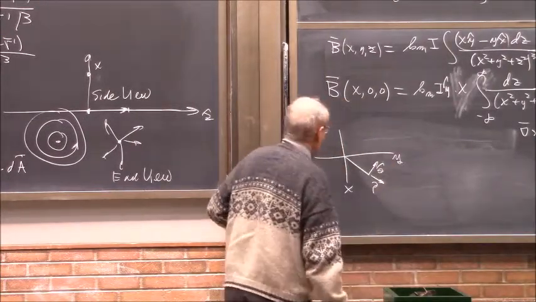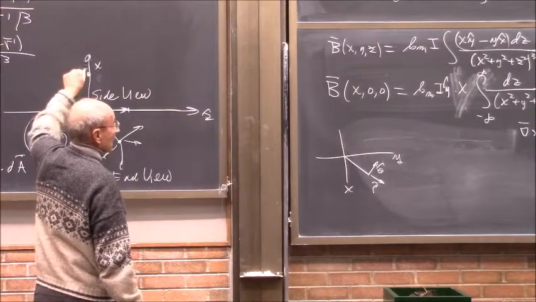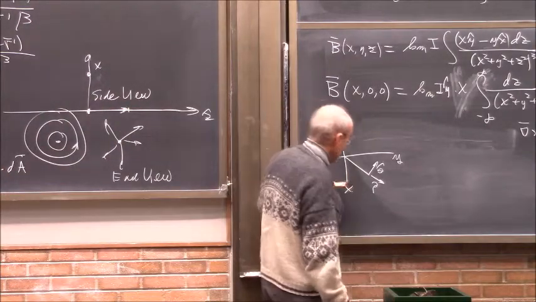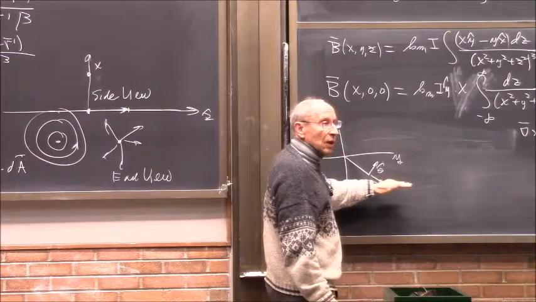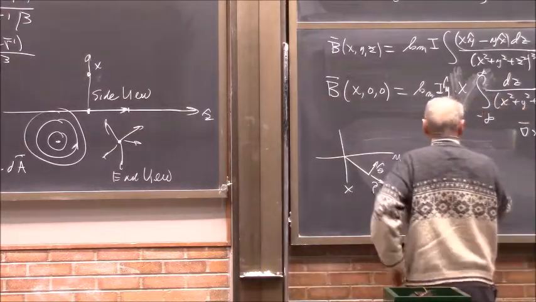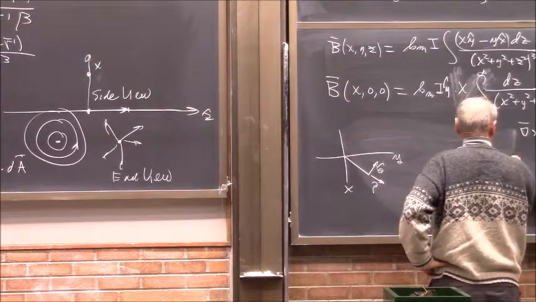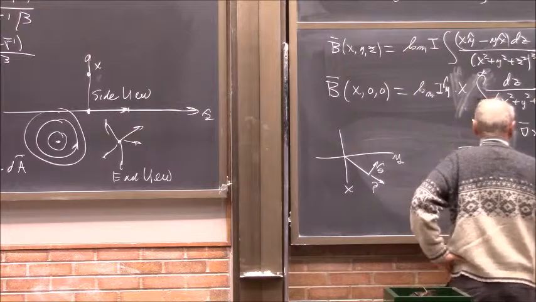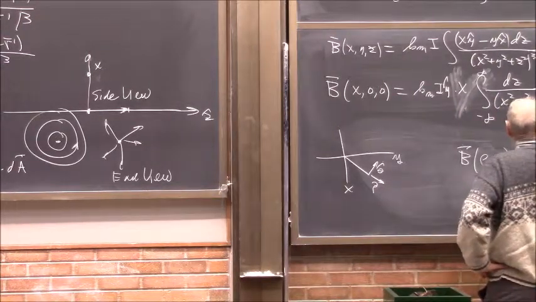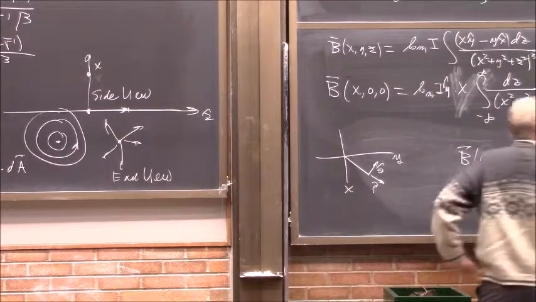And so what's happening here is that this is pointing in the y direction when you're on this axis. And that means it's pointing in the theta direction in general. So that what I really have is that B of rho, theta is equal to mu 0 I over 2 pi rho theta hat.